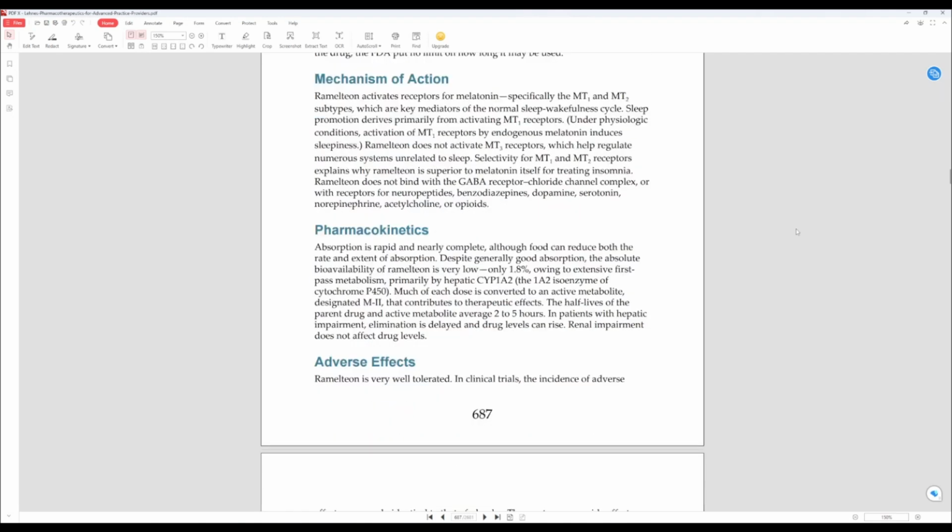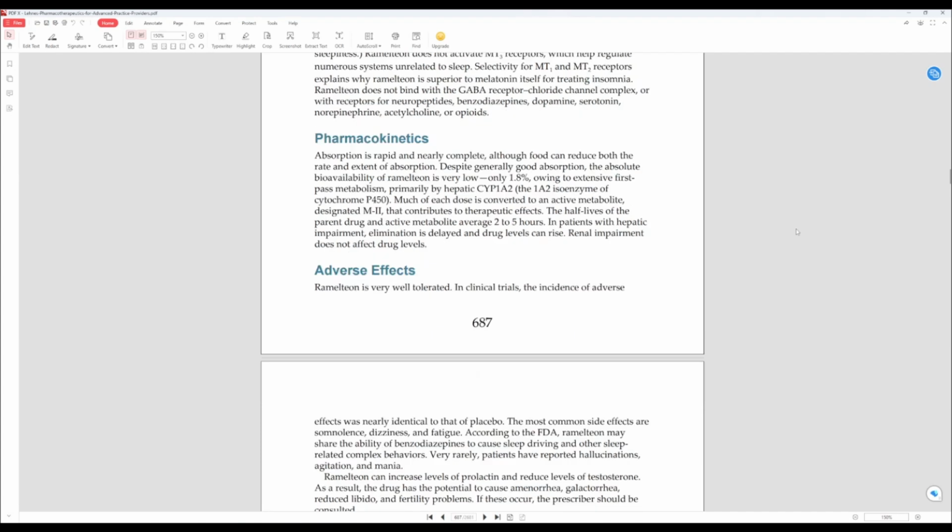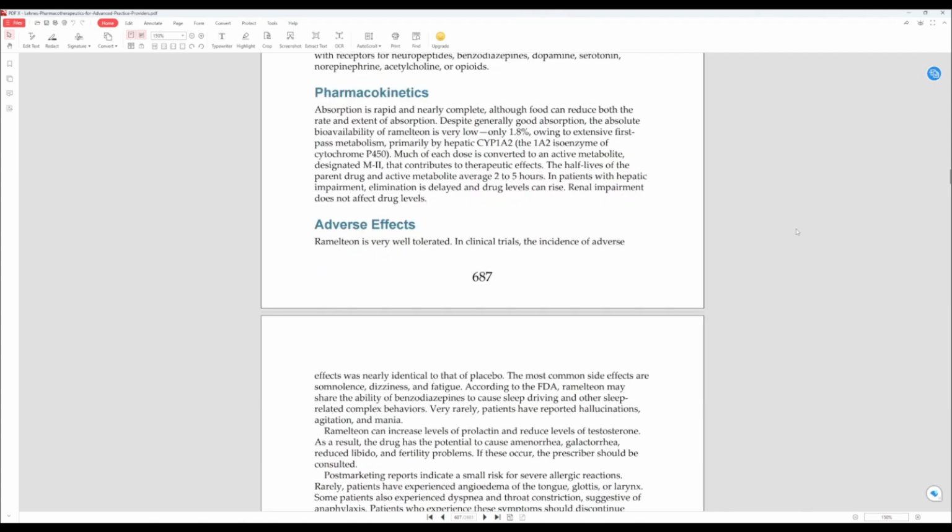Its pharmacokinetic effects: absorption is rapid and nearly complete, although food may reduce both the rate and extent of absorption. Despite generally good absorption, the absolute bioavailability of Ramelteon is actually very low, only about 1.8%, owing to extensive first-pass metabolism, primarily by the hepatic CYP1A2.